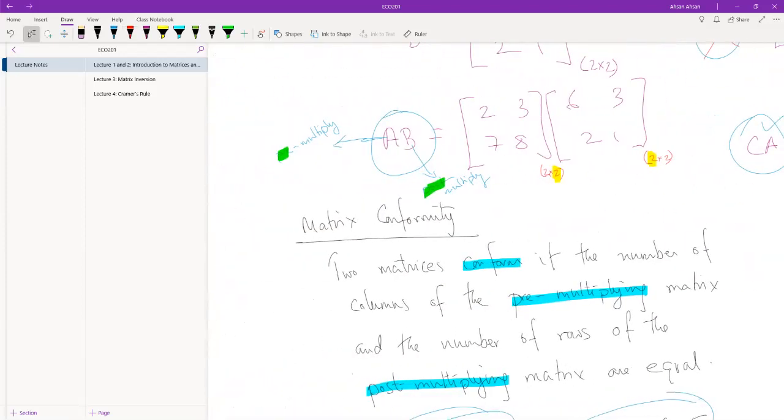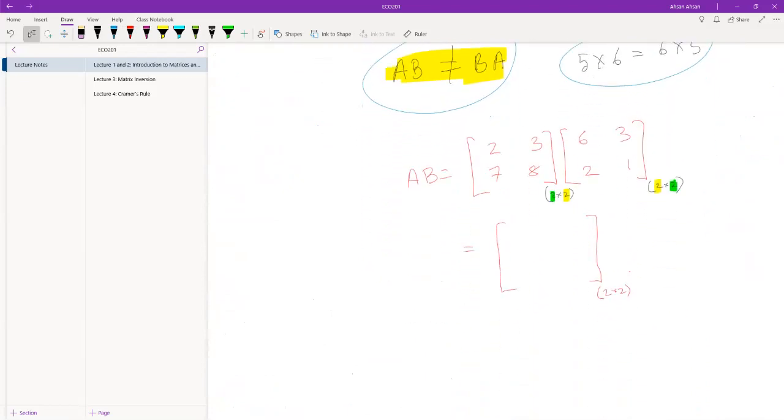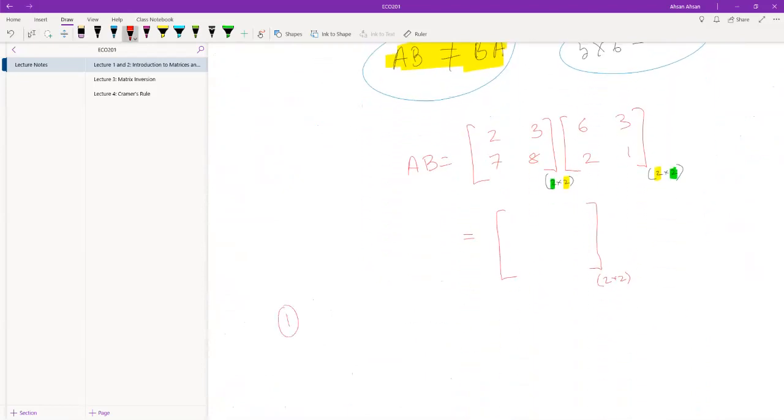So that is how we find out two things. We've learned two things so far. One, which matrices can be multiplied. For example, A and B can be multiplied, B and A can be multiplied, C and A can be multiplied, but A and C cannot be multiplied. So we've learned how to identify which matrices can be multiplied and which cannot.